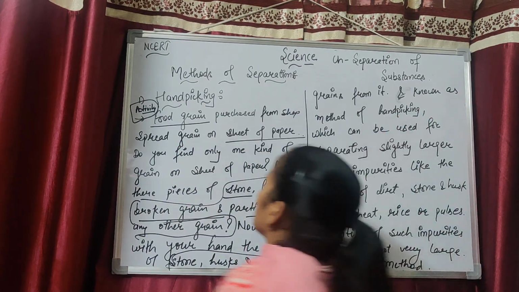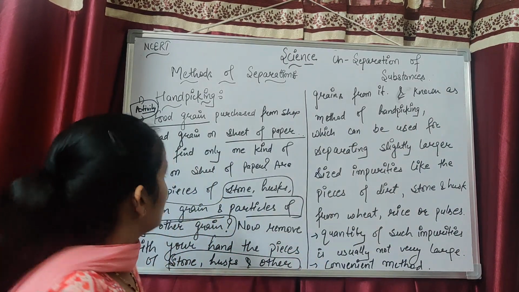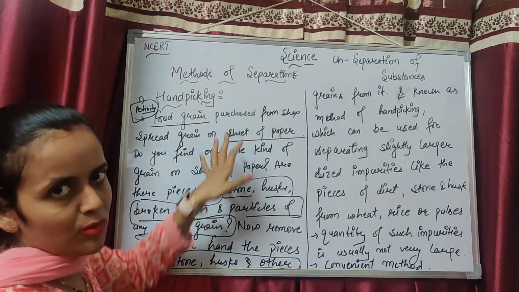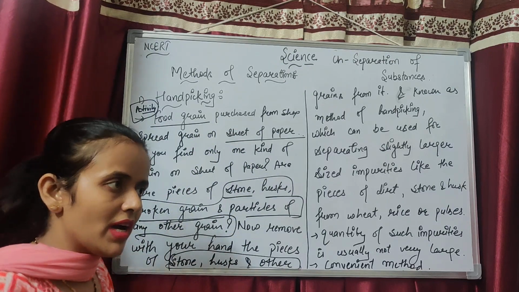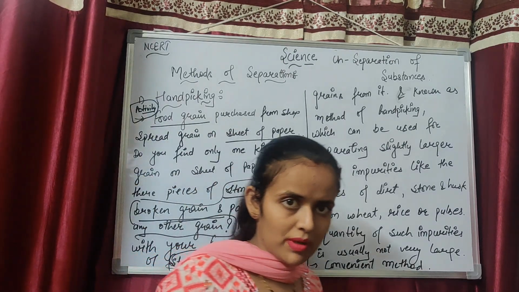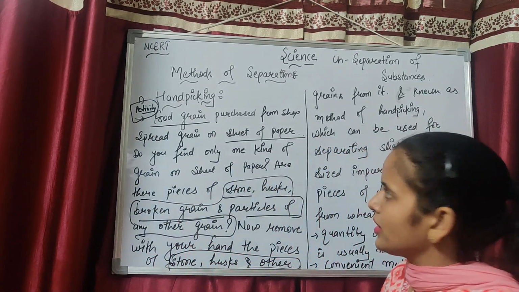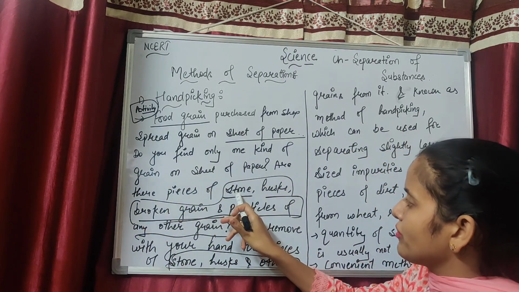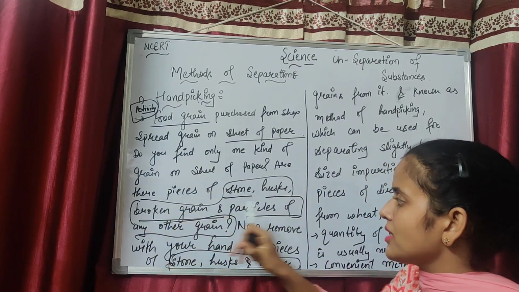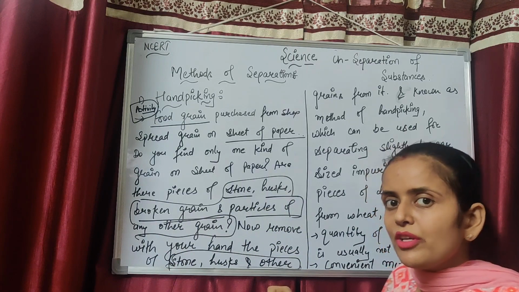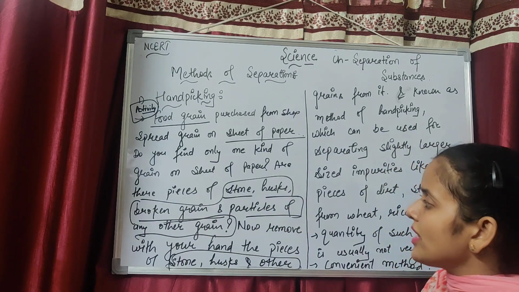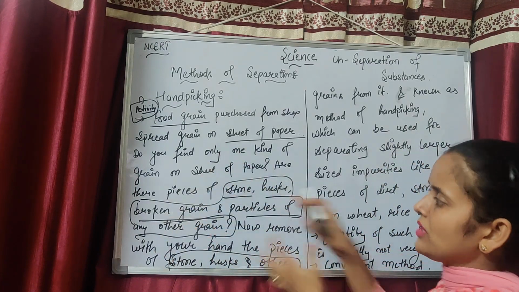Clear? Let me clear it again. Firstly we purchase food grain from a shop and spread it on a sheet of paper. Only food grain will not be there. There are stones, husk, broken grains and particles of other grains mixed with the food grain. So we have to separate the food grain from these impurities.